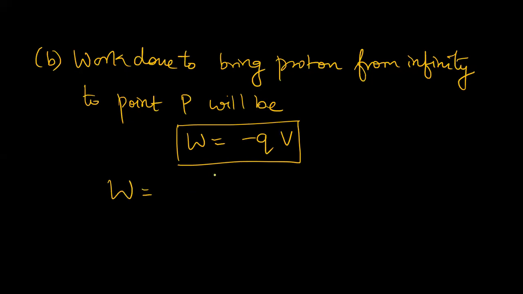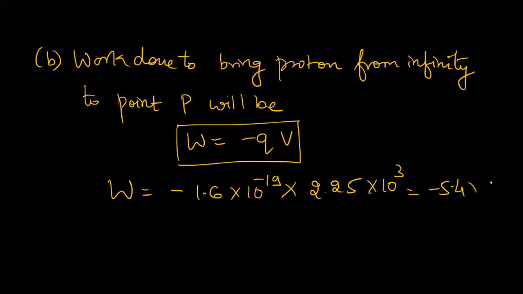So W will be equal to minus charge of proton, 1.6 into 10 raised to minus 19, into potential V, 2.25 into 10 raised to 3. When you solve this, you get the answer minus 5.4 into 10 raised to minus 16 joule. You have to write the significance of the minus sign.